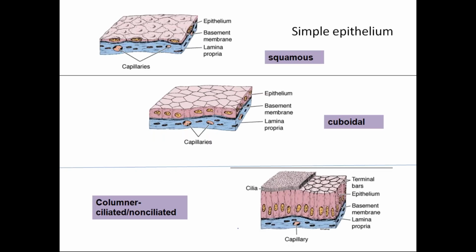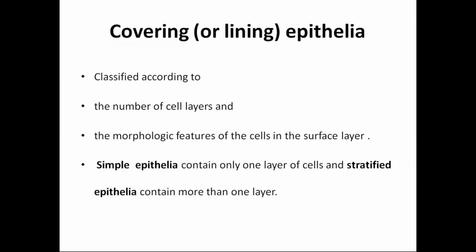Covering or lining epithelium is classified according to the number of cell layers. If it is one cell layer, it is called simple epithelium. If it is more than one layer, it is called stratified, that is, layered.